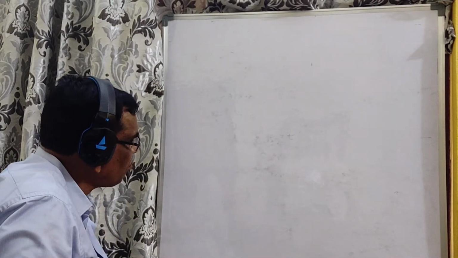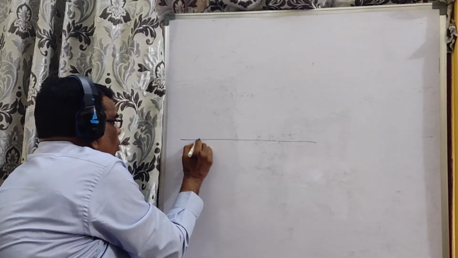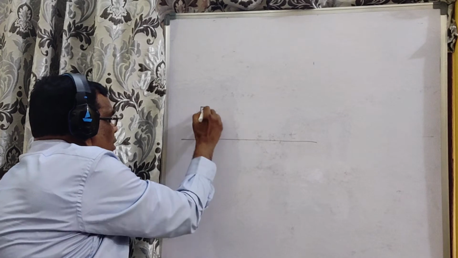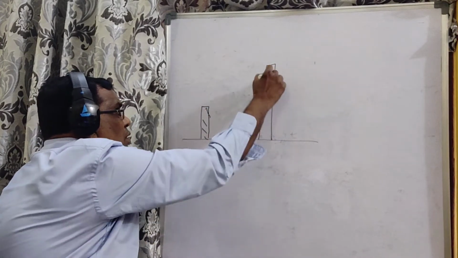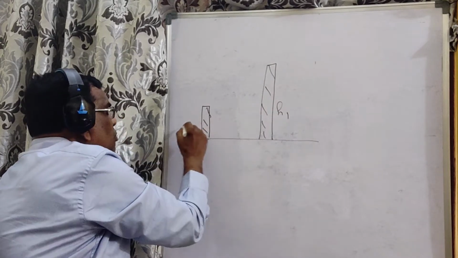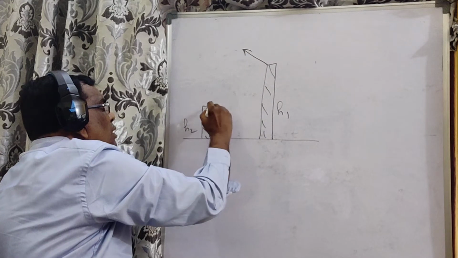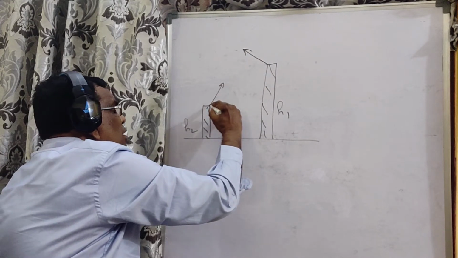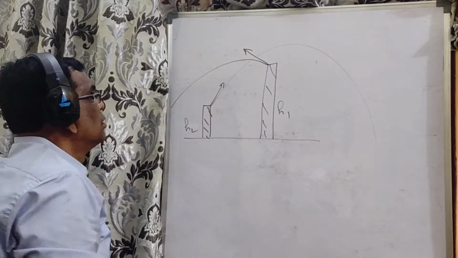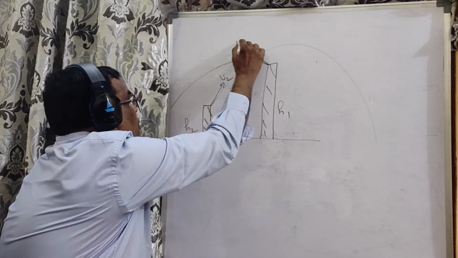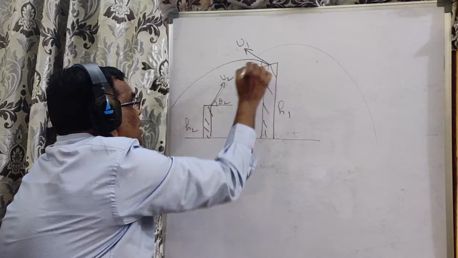Now, the next one is collision of two projectiles. Suppose H1, H2, likewise, this is U2, U1, this is theta 2, this is theta 1.